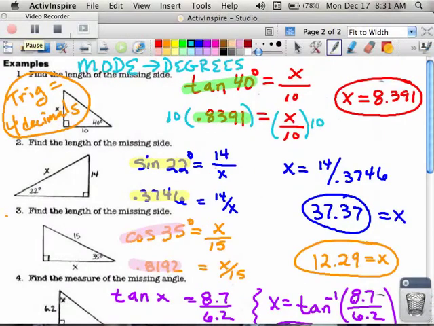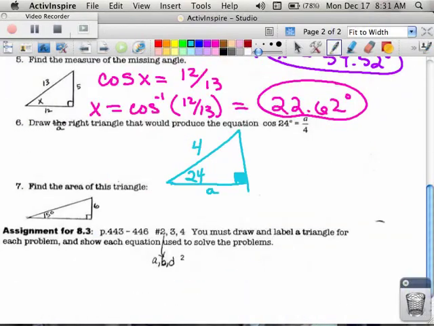In number 7, they asked me to find the area. Now that's kind of important, because what you need to remember is that when you're finding the area, we know that area equals base times height divided by 2, or half base times height, whichever way you like to say it. The problem is they don't give me both the base and the height.